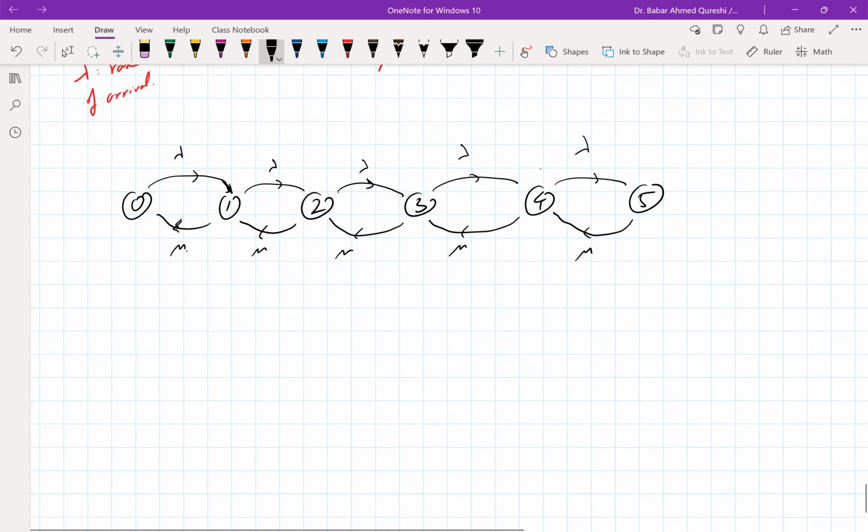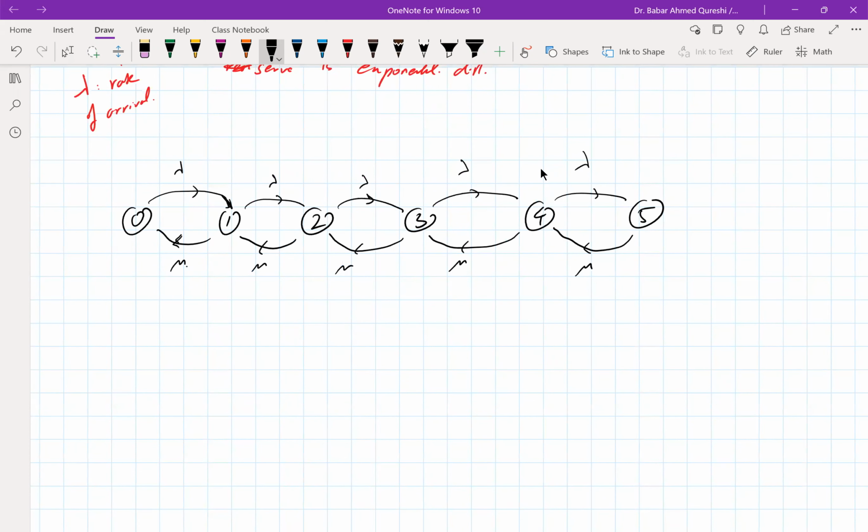So what you get is pi n is lambda^n over mu^n times pi naught, or I can write it as rho^n pi naught, where rho is lambda over mu.